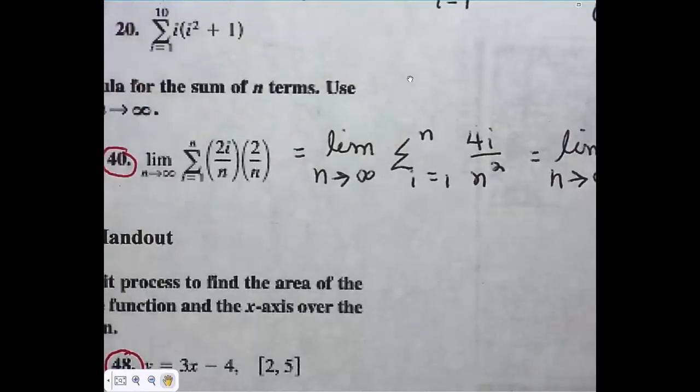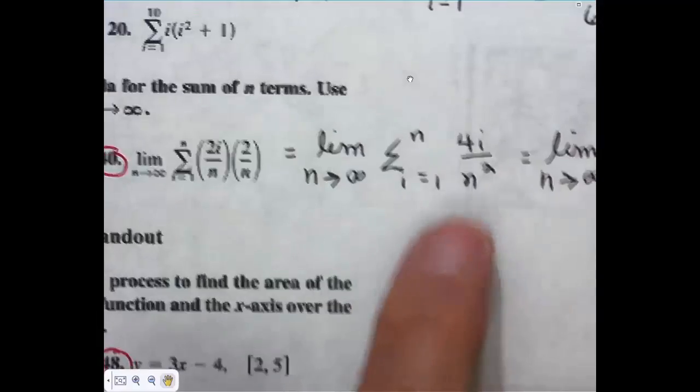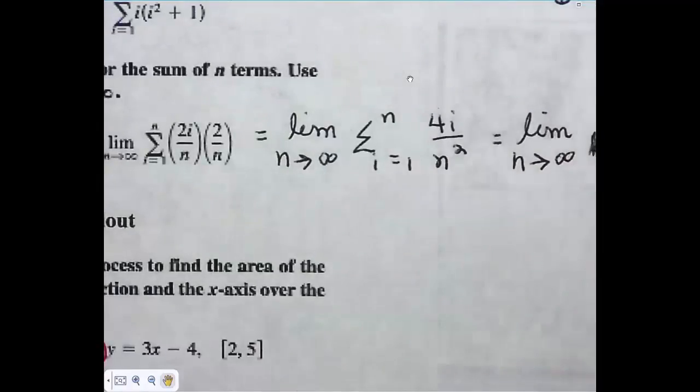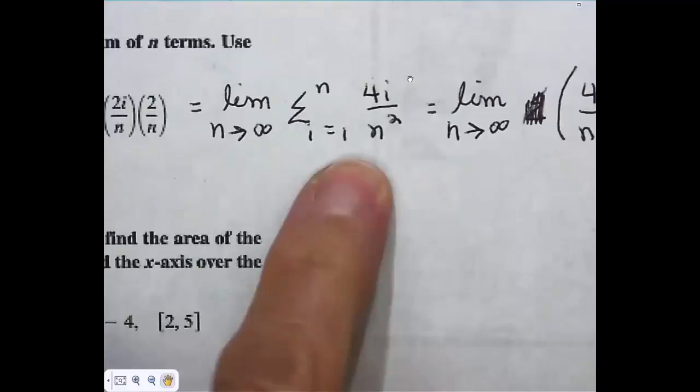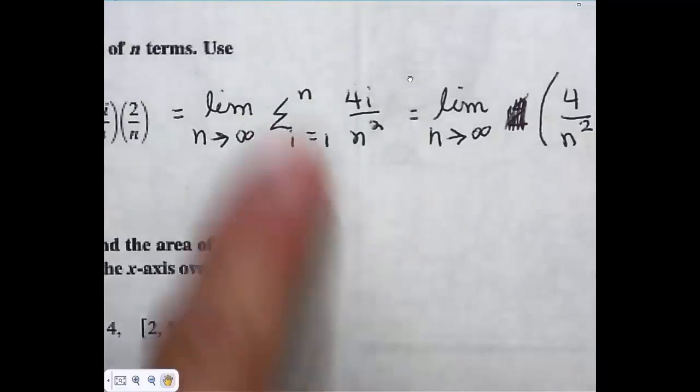Let me think what it is real quick. 4 over n squared times the sum of a bunch of i's. I don't need the summation notation right here because I'm about to use the formula for summing up a bunch of i's. This is 4 over n squared times, what's the sum of a bunch of i's from i equals 1 to n?